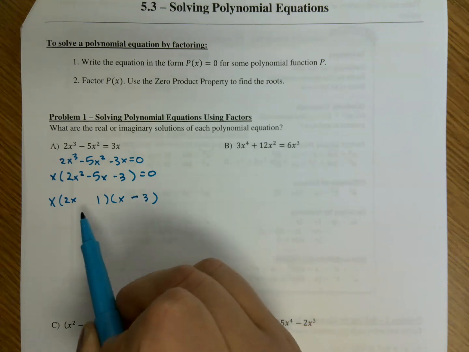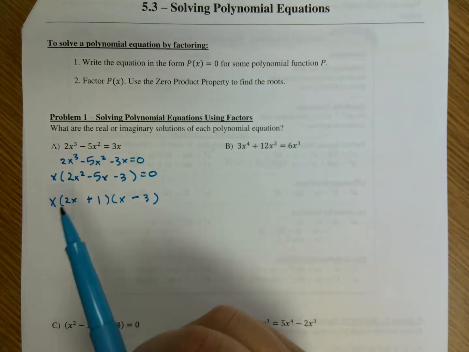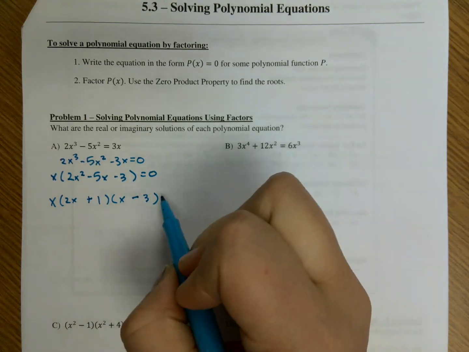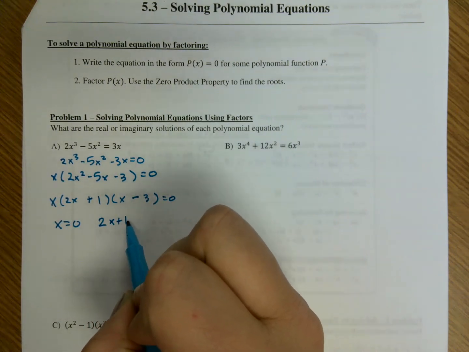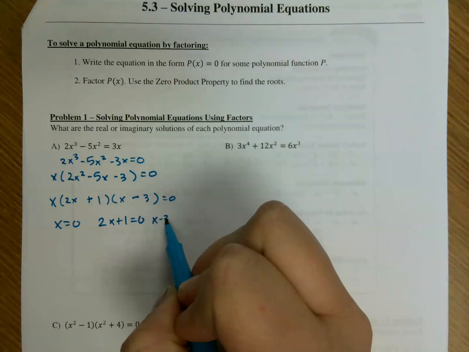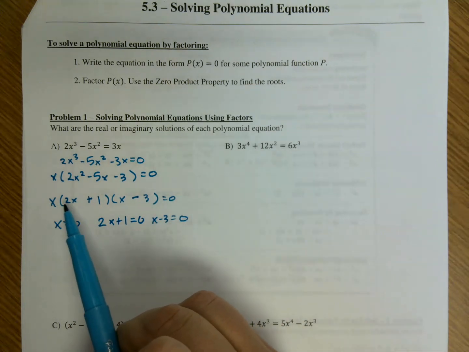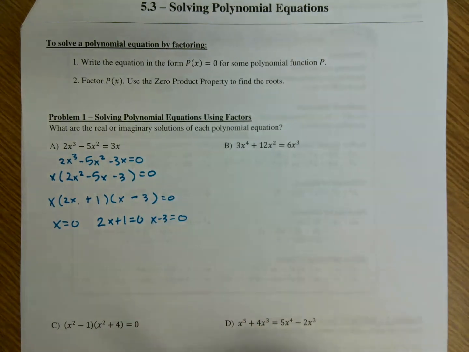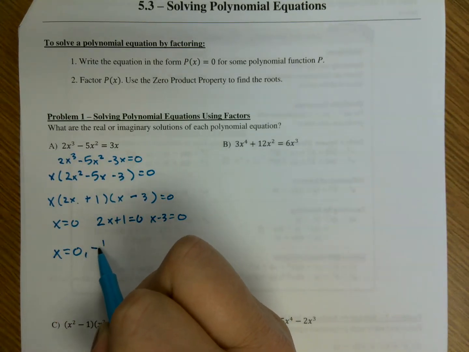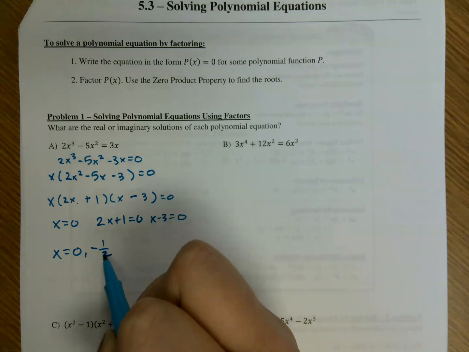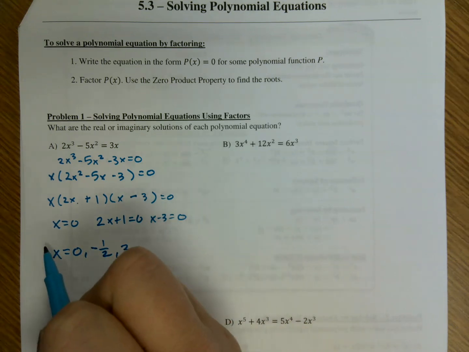I need the 6 to be negative, the 1 to be positive, so then I can add together to get negative 5. And now I set all of these equal to 0, and I solve for each of them. Because remember, with a zero product property, it doesn't matter which one of these when you're multiplying is 0. So my solutions are 0, negative 1/2, because I subtract the 1, divide by 2, and positive 3.